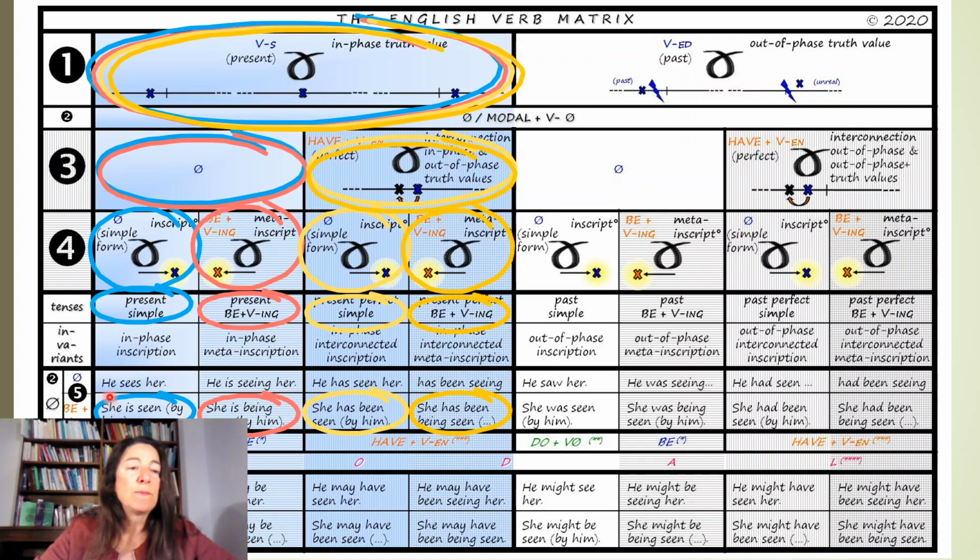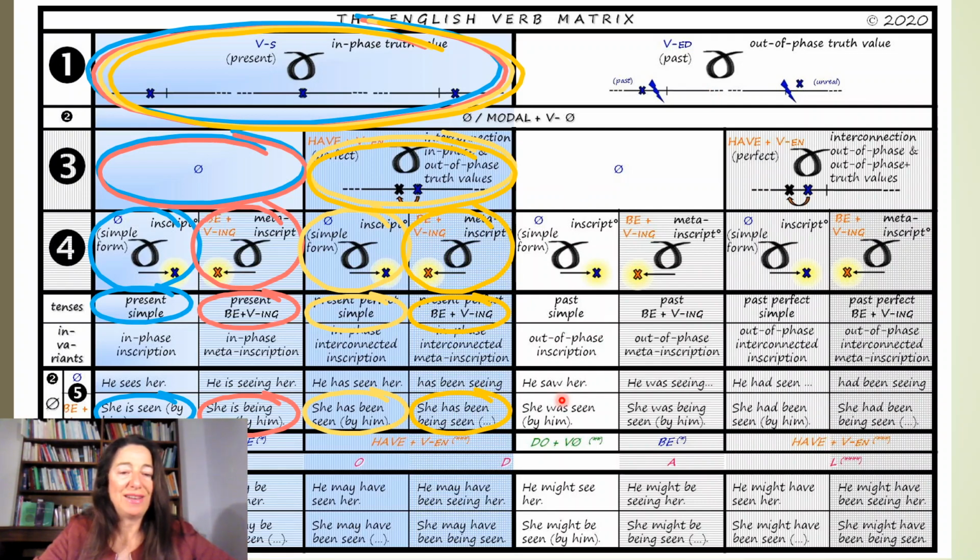So you can see the examples here in the active voice and the examples here in the passive voice. And once you understand that the passive voice is compatible with any of the 4 present tenses of English, then it's easy to see that it works exactly the same in the past tense.